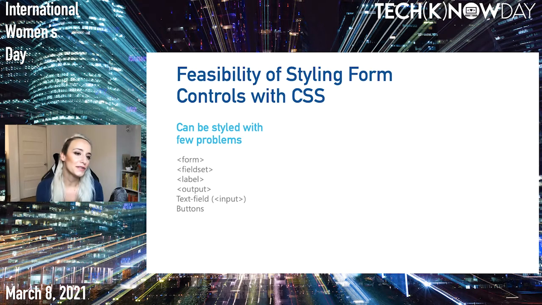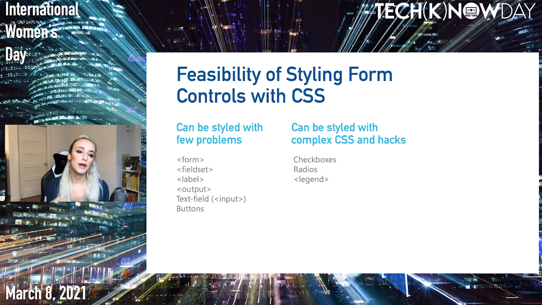And so this first bucket, these can be styled with few problems. These are form, fieldset, label, output, text field, input, and buttons. And so these are pretty easy to style. You're probably not going to run into any issues.